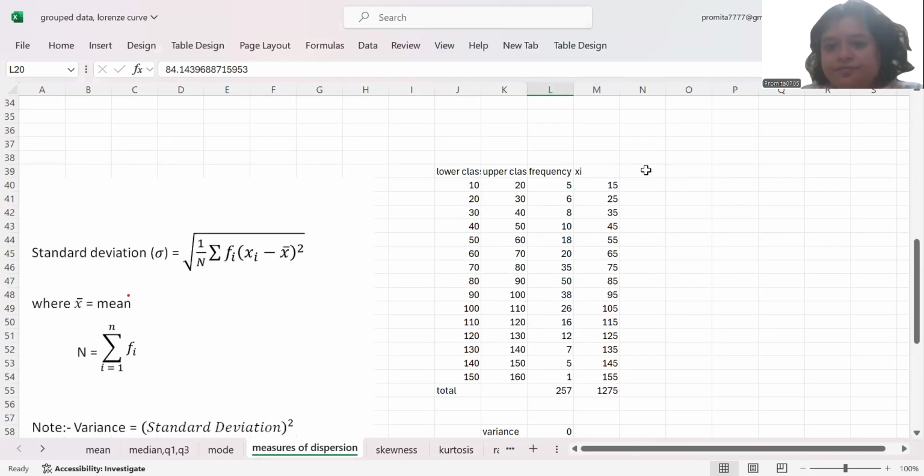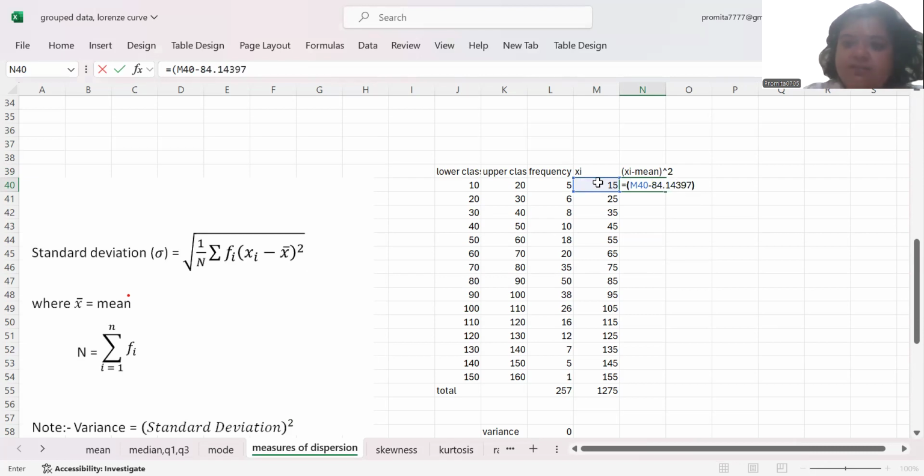So we calculate xi minus mean whole square. It is basically this minus 84.14397, which is my mean. And then we calculate the square of the whole thing.